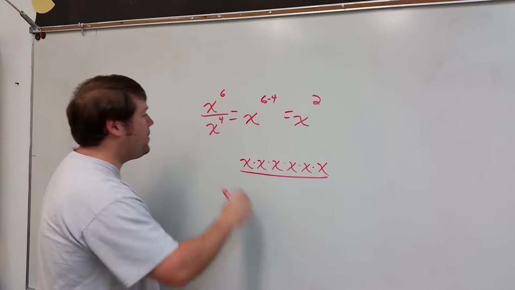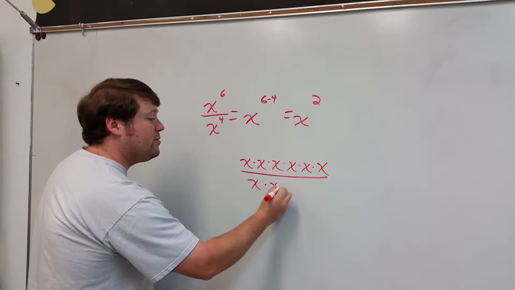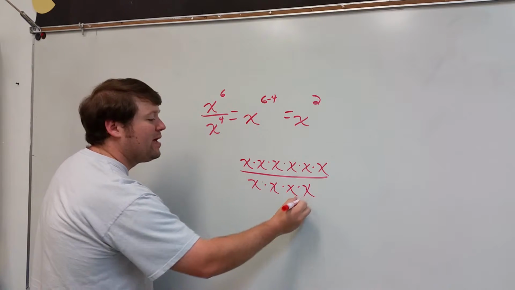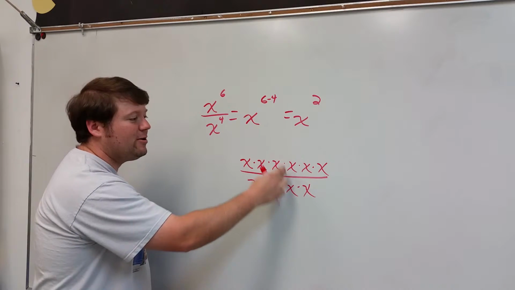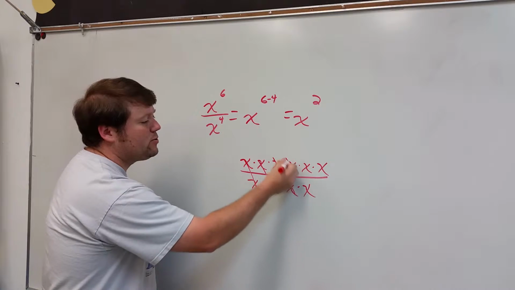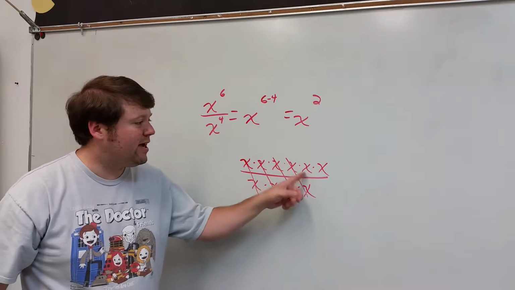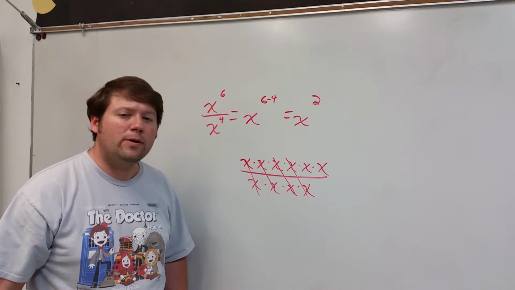We're dividing that by x to the fourth, which means x times itself 4 times. And so what's happening is we're dividing x by itself several times. And every time we do that, those x's cancel out, and it leaves just x times x, which is x squared.